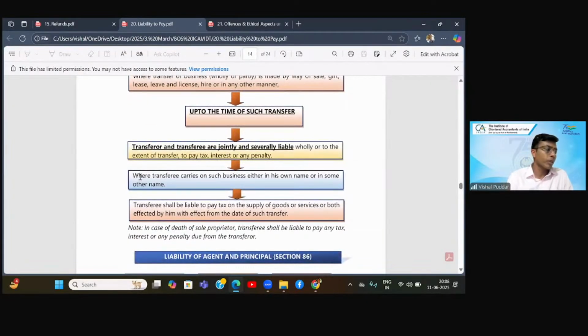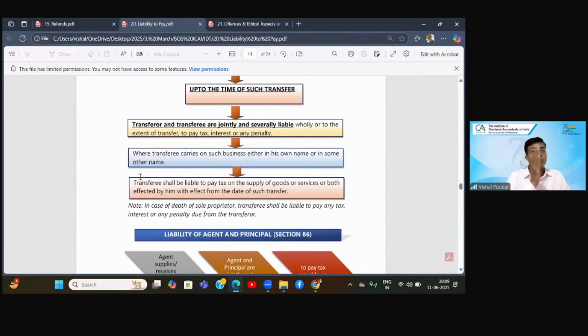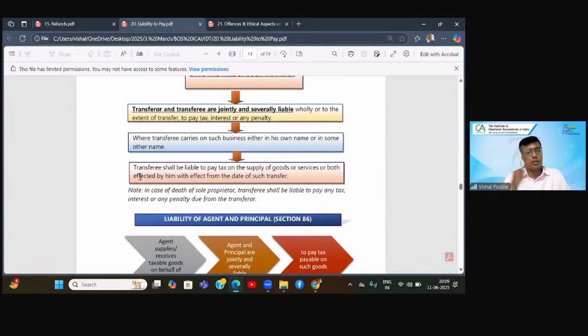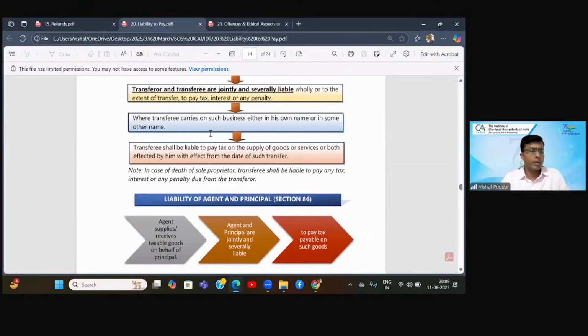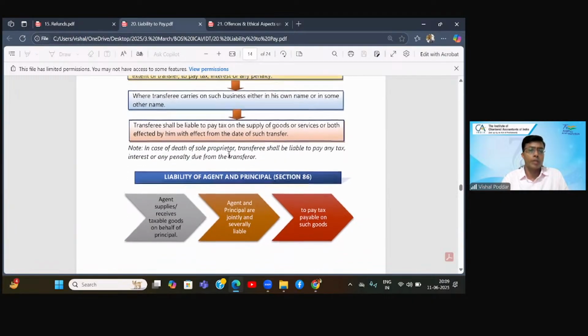So the law empowers the government or the department to recover tax either from the transferor or transferee for the liability up to the date of transfer. Thereafter, if the transferee is carrying on the business in its own name or even if the name has changed, after the date of transfer, the recovery can only happen from the transferee.